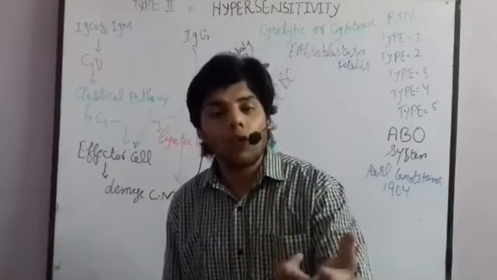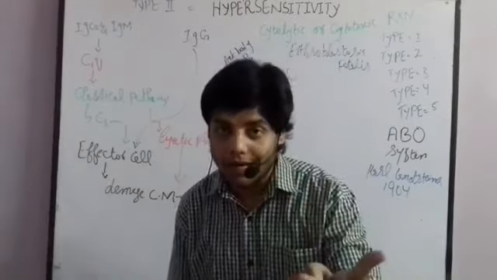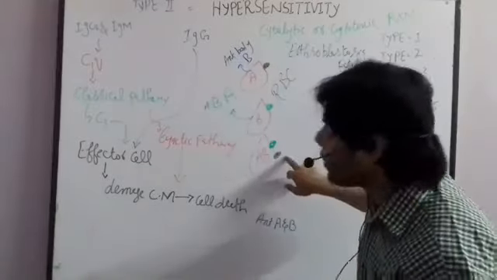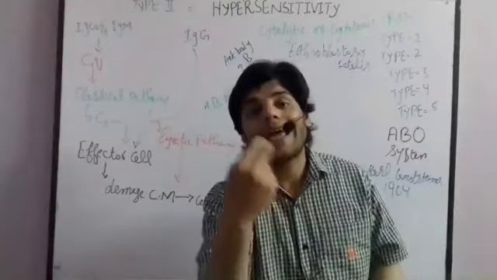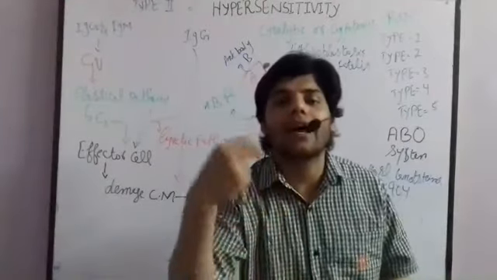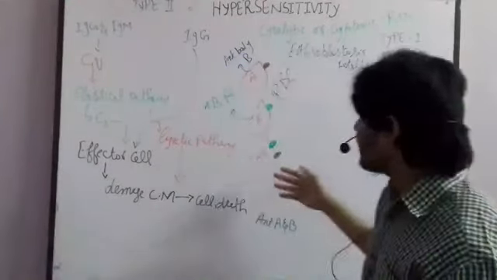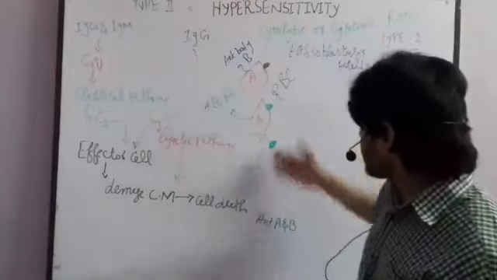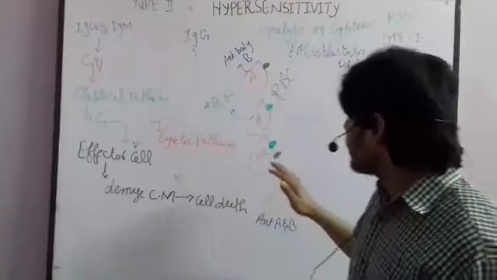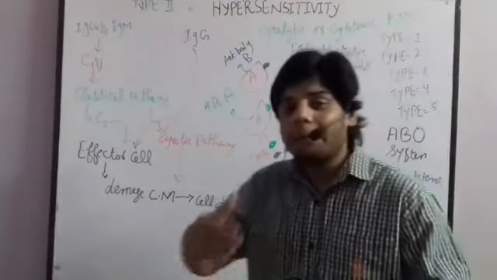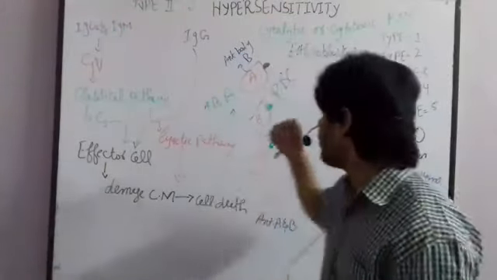Sometimes genes have two alleles, or sometimes only one allele. Blood group AB has two alleles, A and B. This is heterozygous, and these two are homozygous.